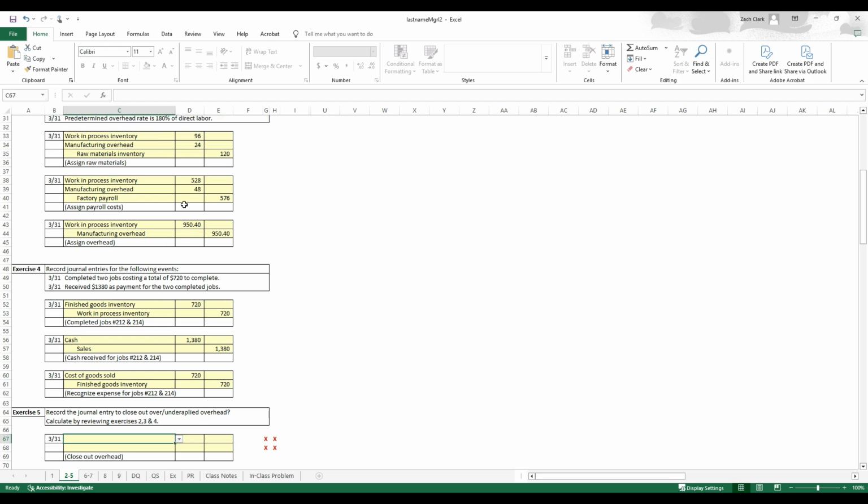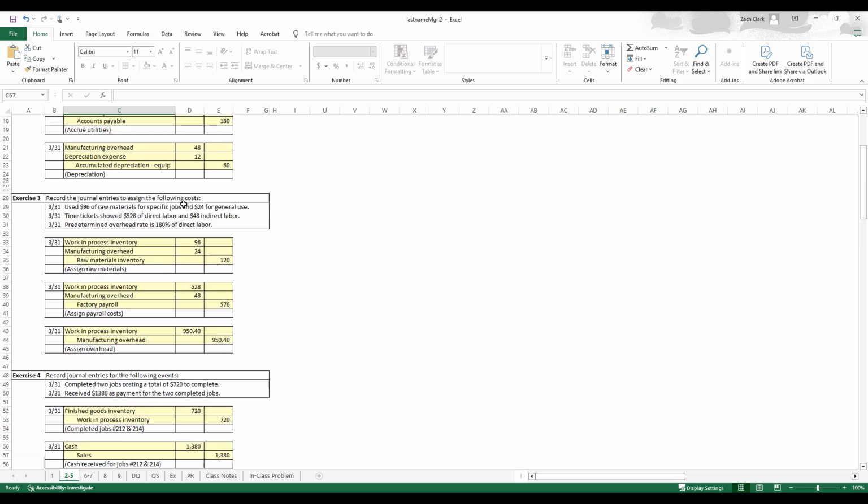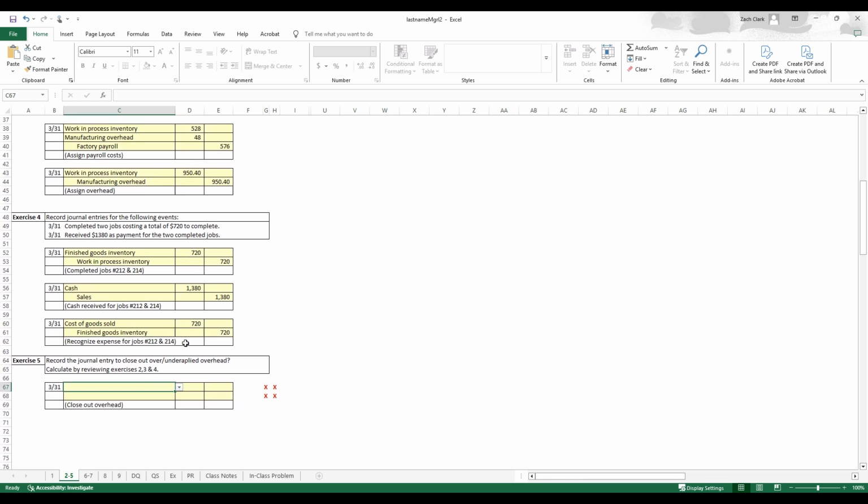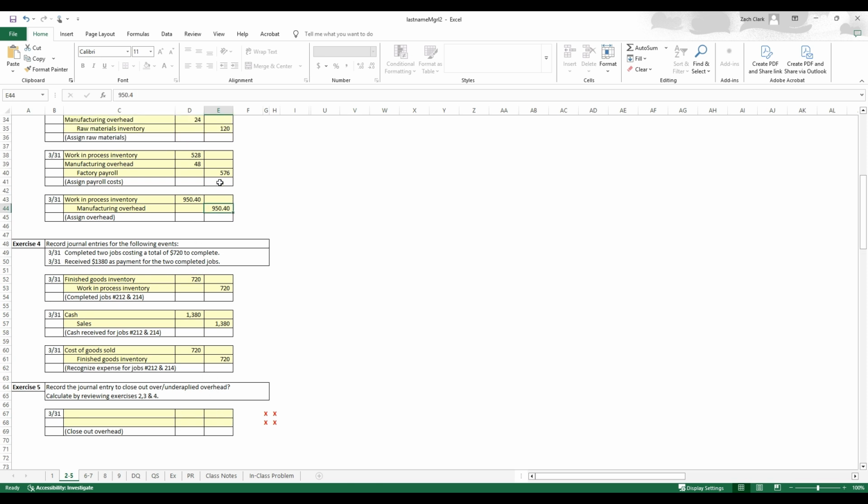And so when we look back, let's look above. We've got manufacturing overhead application of $950.40. And then we need to offset. So if that was our amount of credits, then we need to look and say, what was our total debits?